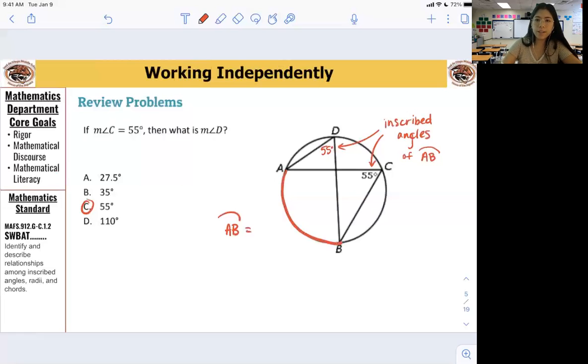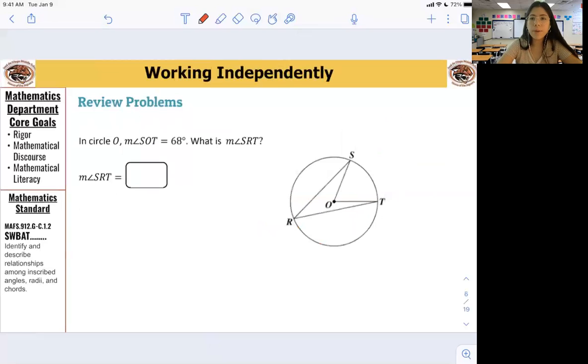Only one student answered in time. That was Janelle's, 110 degrees. Twice the measure of the inscribed angle. Easy, easy. This should not be hard. Any questions on this? Okay, next one.